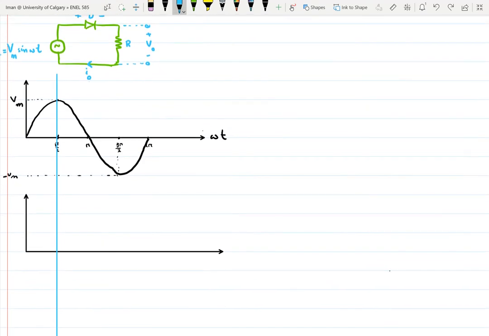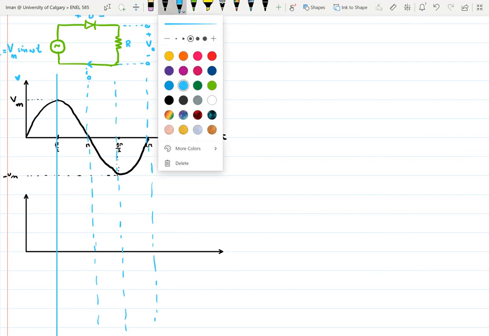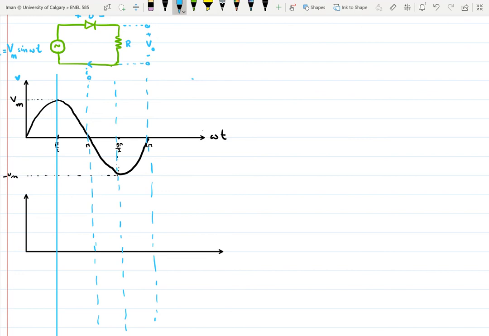Okay, never mind, let's just try it with hand. Okay, so now I want, so this was Vs.